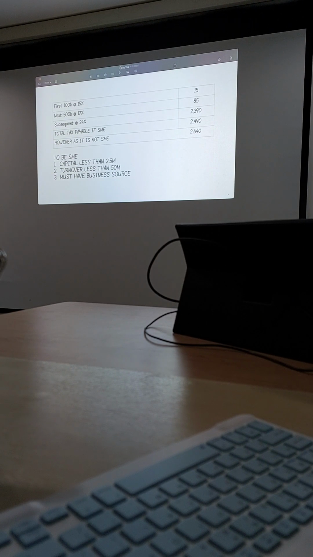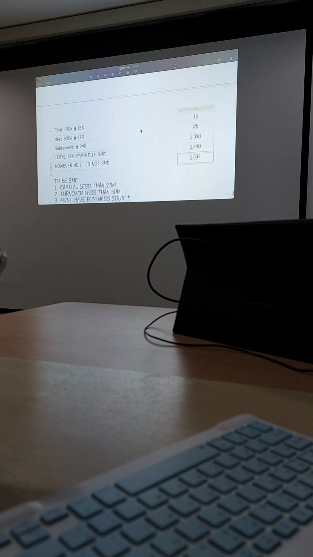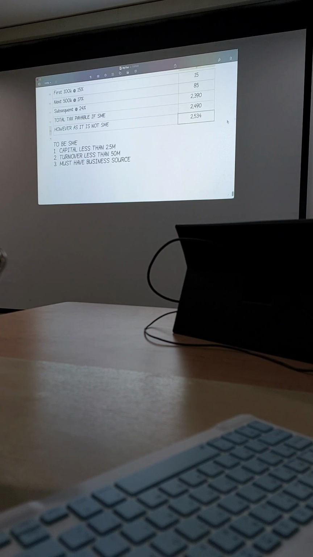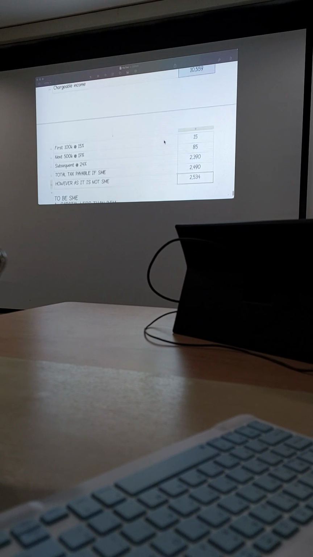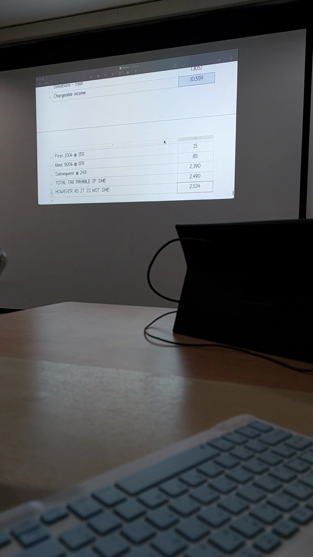That looks small. 2, 5, 3, 4. Can get? Great, sir. Any questions there, guys? Deduct it a bit. Okay. Right?